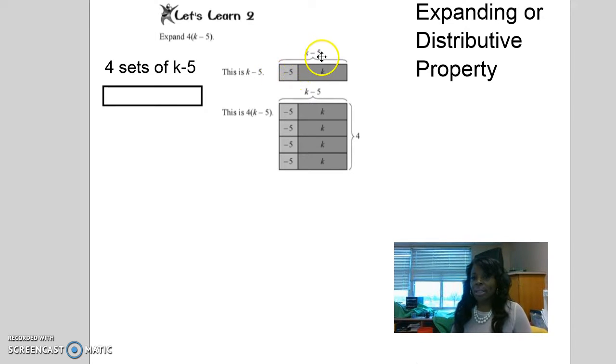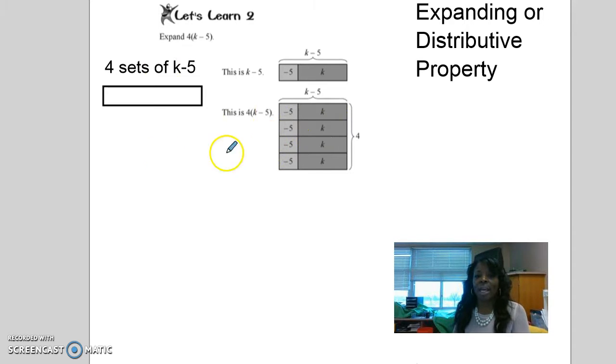Okay, so this is k - 5, but we need 4 sets of them. 4 sets of the k, 4 sets of the -5. And notice that they even changed the order. And what property is that called when we can change the order of addition? Commutative property. Very good.